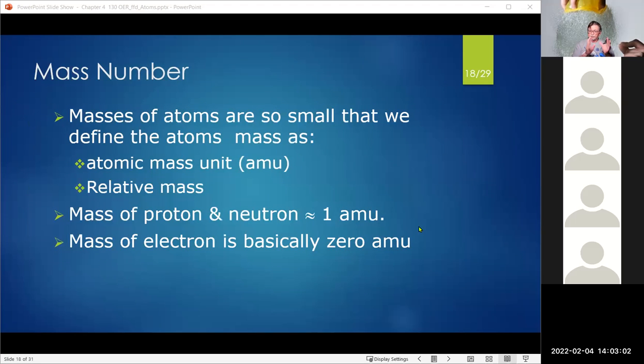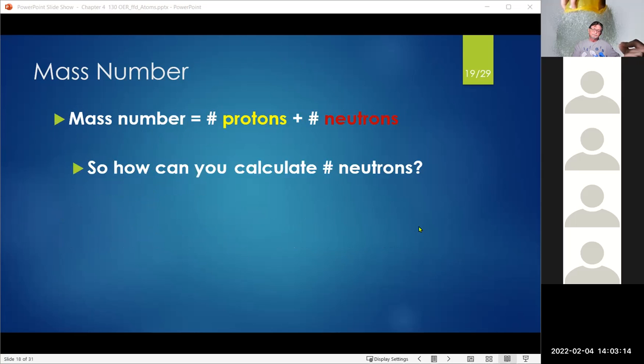Atomic mass units, we talked about that. These are relative mass units. The mass of the proton and the mass of the neutrons are approximately 1 AMU, one value, where the electrons have no mass, okay? Treated as 0. Mass number is equal to the number of protons plus the number of neutrons. We can rearrange that to calculate the number of neutrons by taking the mass number and subtracting the number of protons it has, okay?